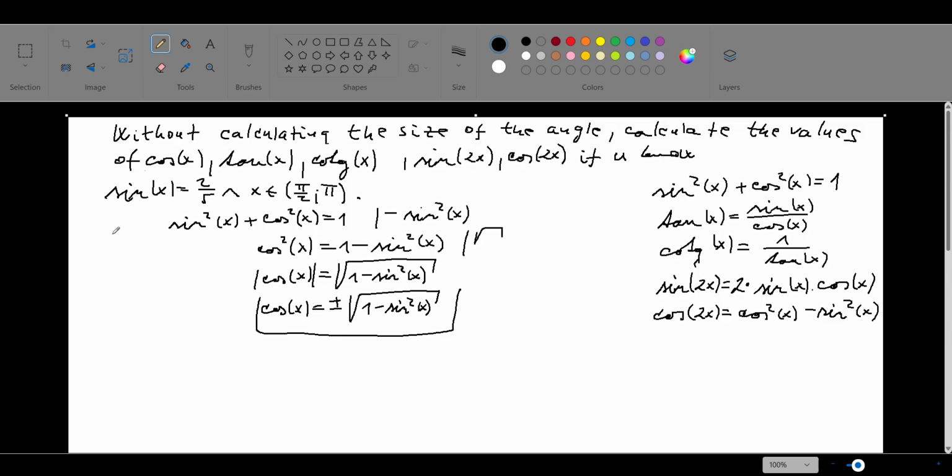So the cosine of x is equal to plus or minus the square root of 1 take away sine of x, which is 2/5.